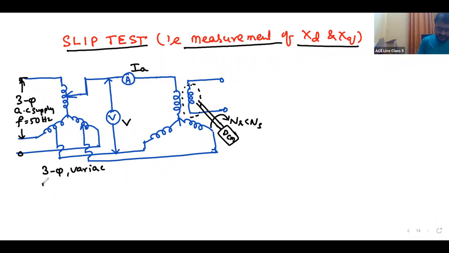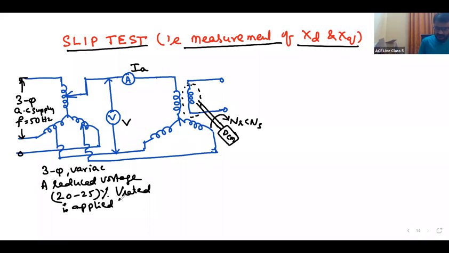Through the three-phase variac, a reduced voltage, 20 to 25% of V rated, is applied to the armature.